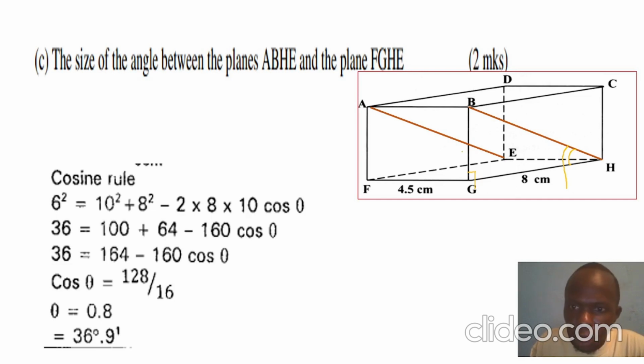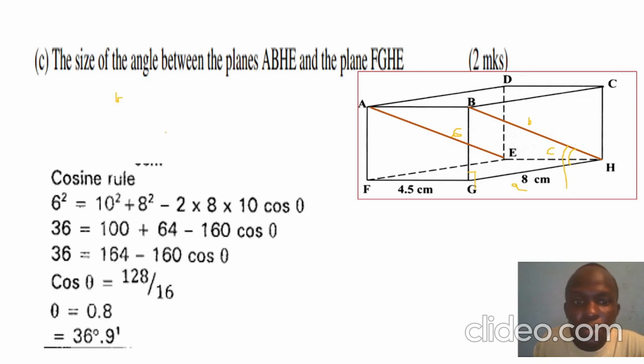So considering this is 6 already, we want the angle C, this is A, and then this is B. How do we get B?